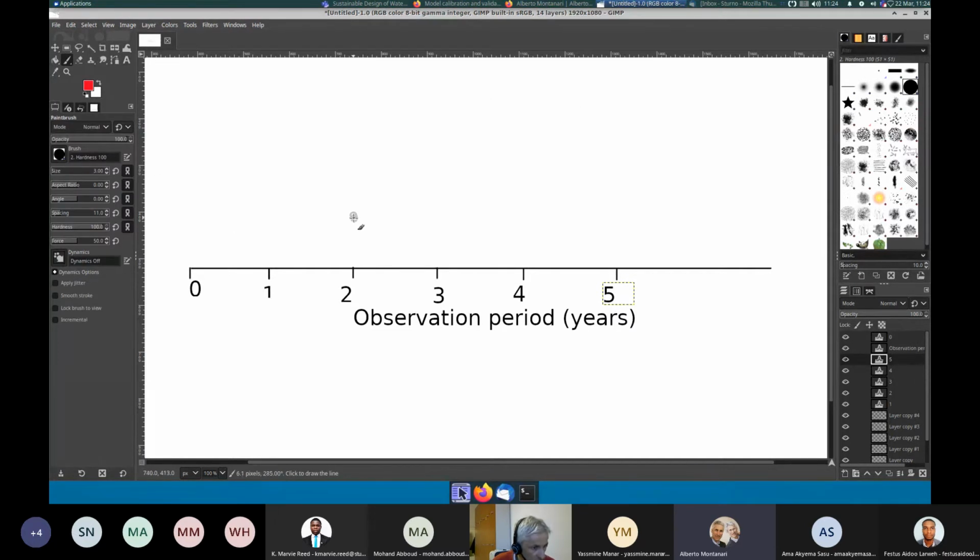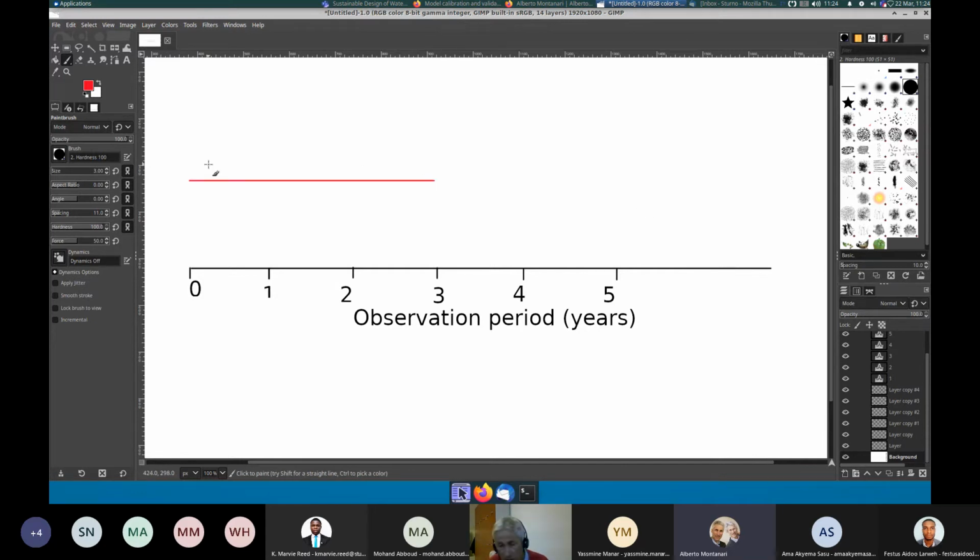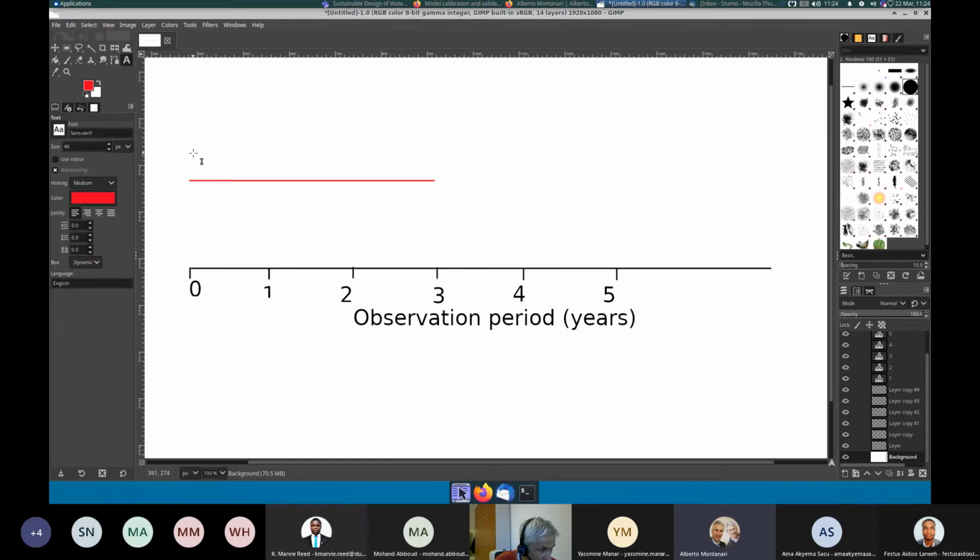This is your calibration, and I need to go to the right layer. I see that there is a raised hand. Just give me some seconds. This is your calibration period.